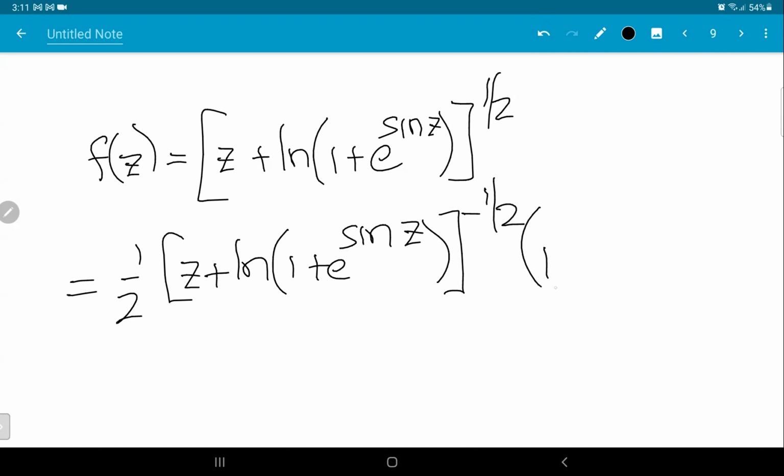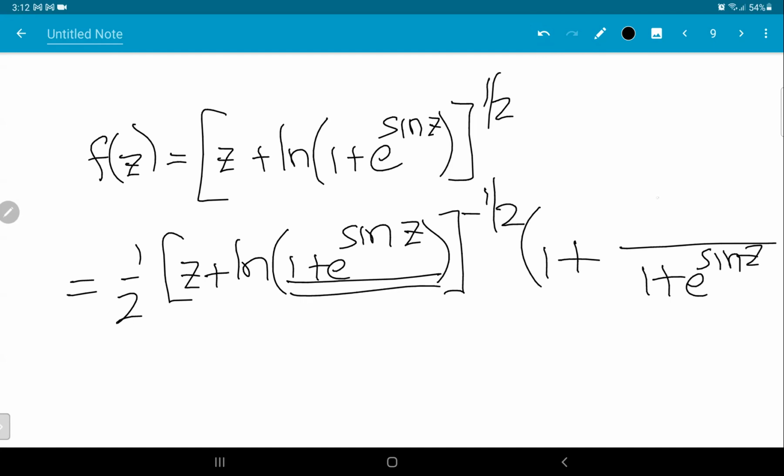Then differentiate this. You will be needing the chain rule for exponentials. Take the reciprocal. Okay, we're dealing with ln. Take the reciprocal, copy as a denominator, and then differentiate that one.